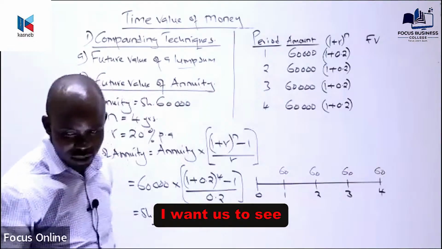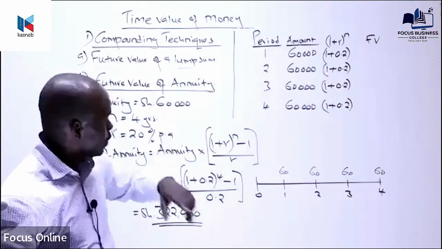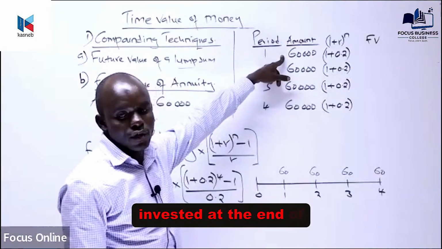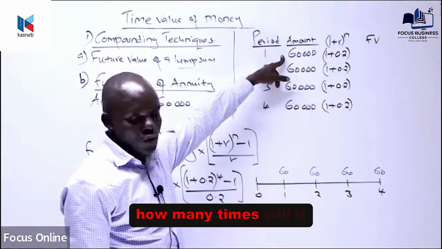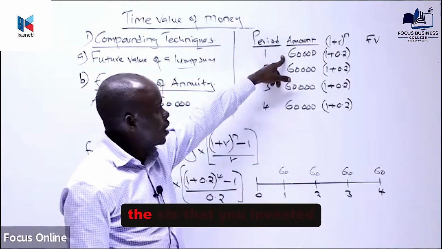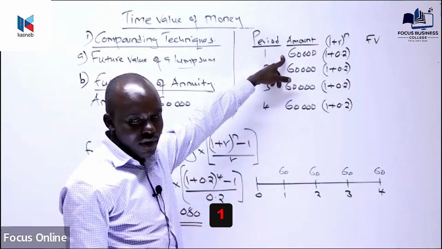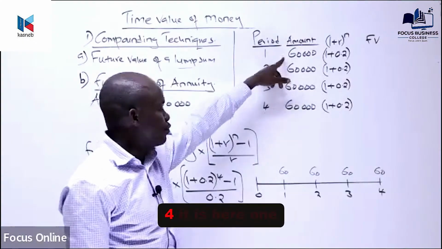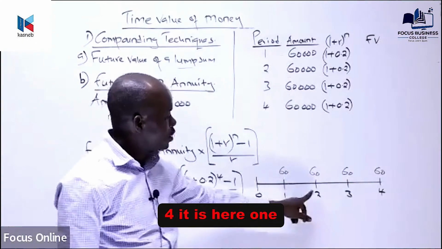I want us to put n. So this 60 that you've invested at the end of year 1, how many times will it earn interest by the end of year 4? It is here, 1, 2, 3.